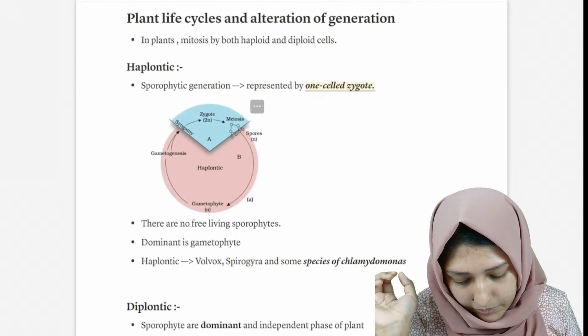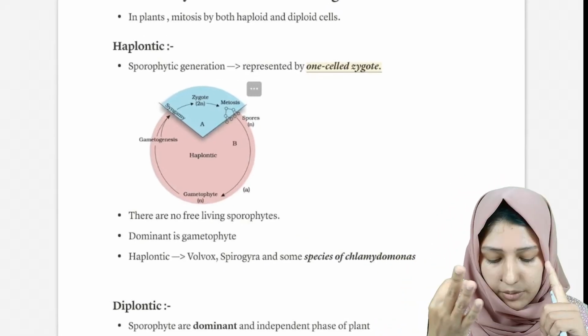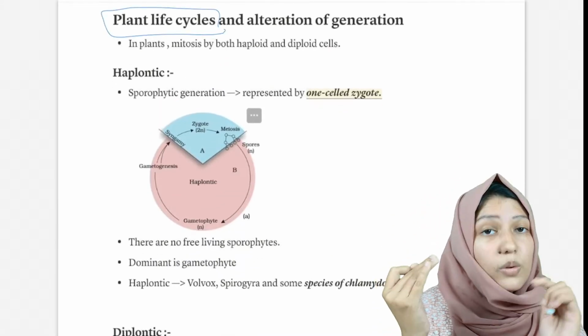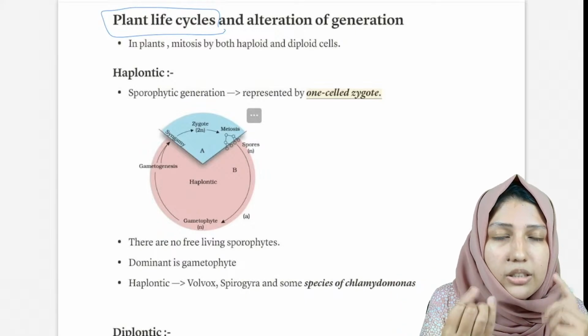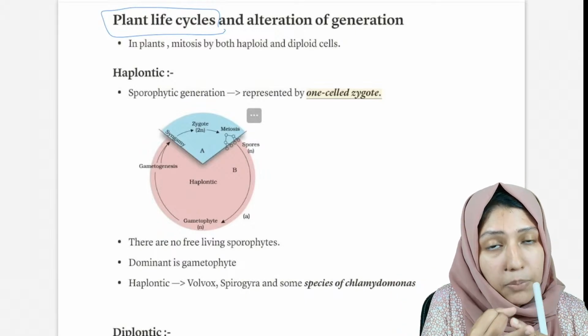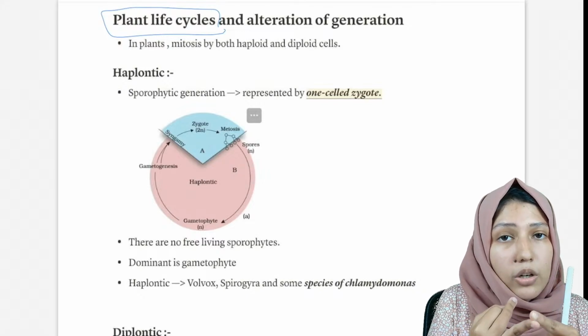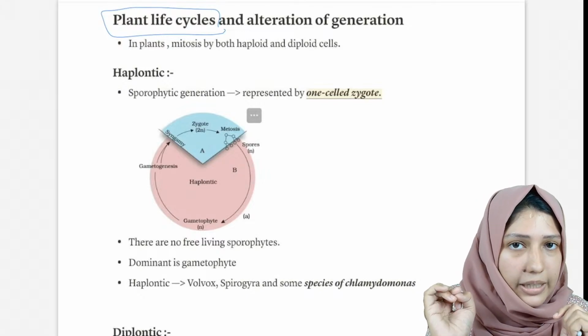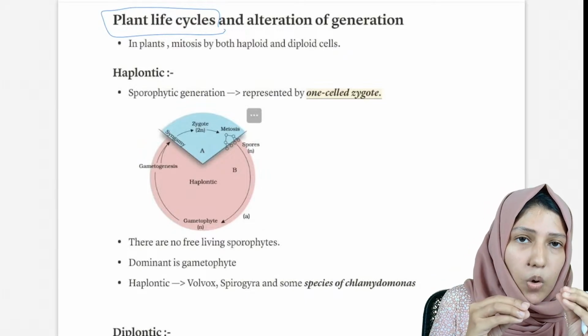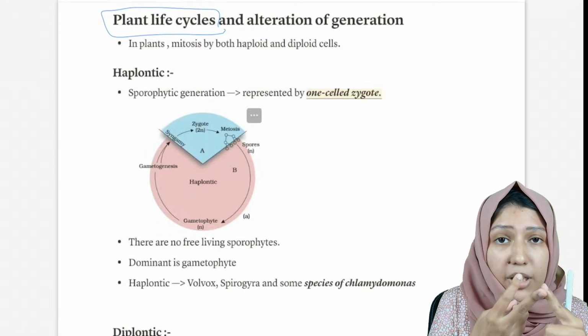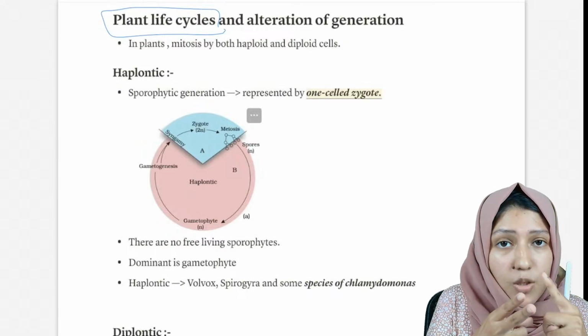There are three types of plant life cycle: haplontic, diplontic and haplodiplontic. Repeat with me: haplontic, diplontic and haplodiplontic. Clear? There are two stages, the gametophyte stage and the sporophyte stage.